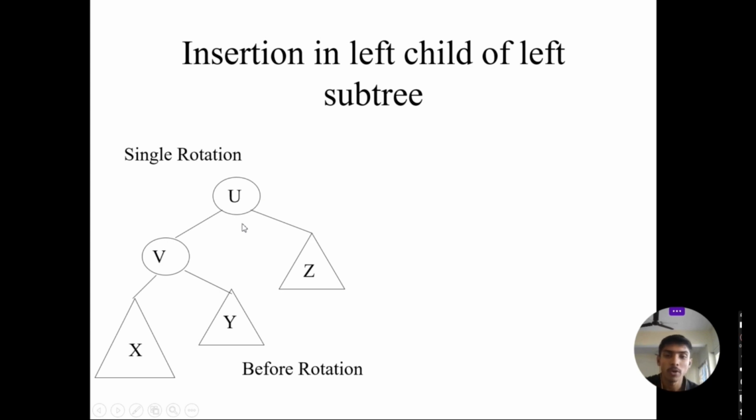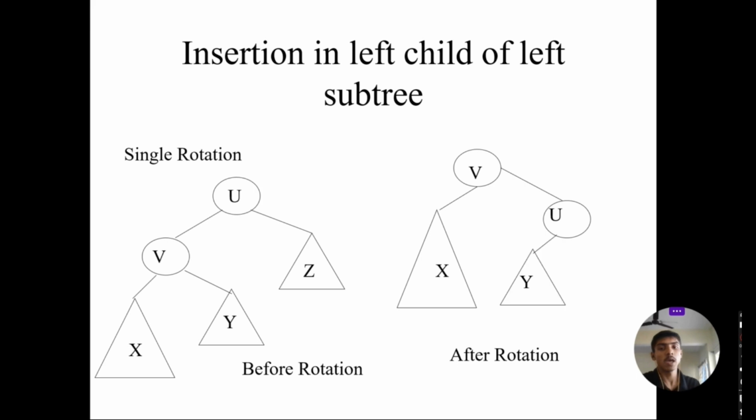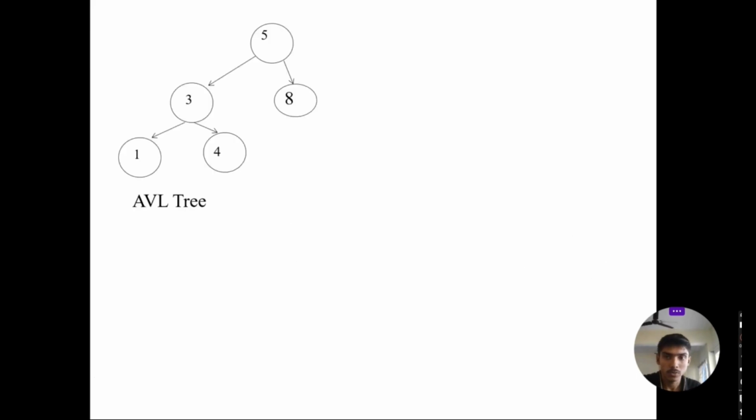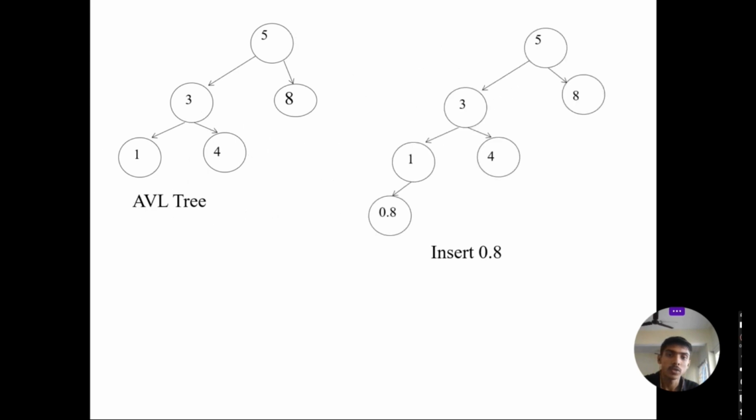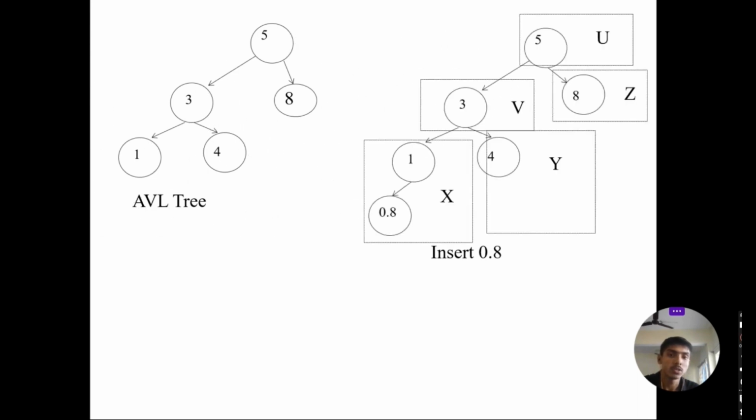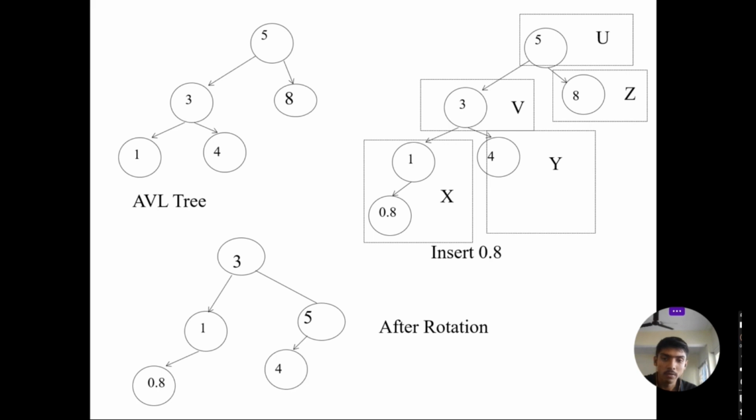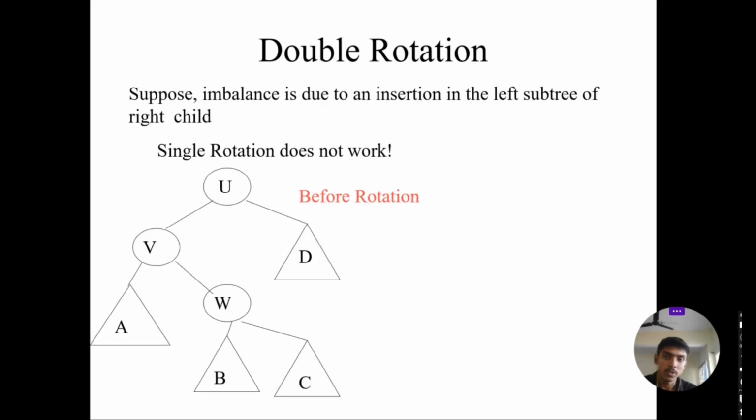After rotation, u becomes the right child of v, and v becomes the root node, with y and z below. Similarly, with the help of an example, let's suppose we inserted 0.8. Due to this there is a distortion in the structure. After rotation, the root will be 3, 5, 8, and the 8 will be the rightmost part.